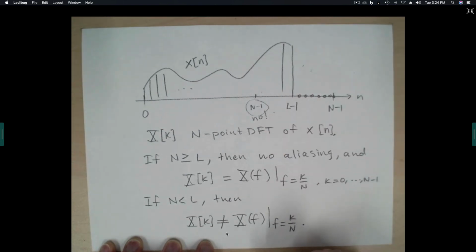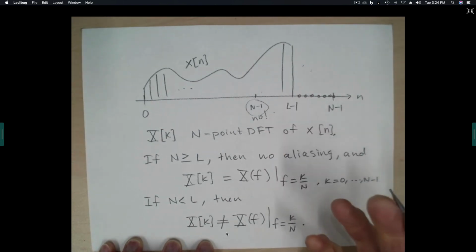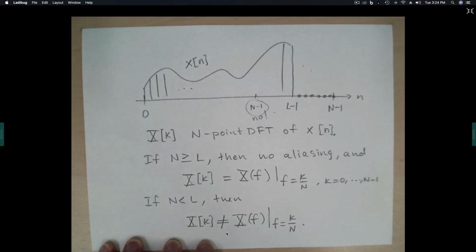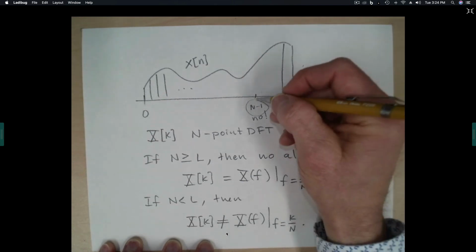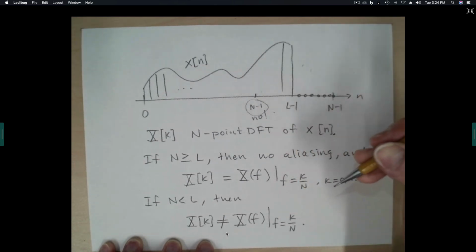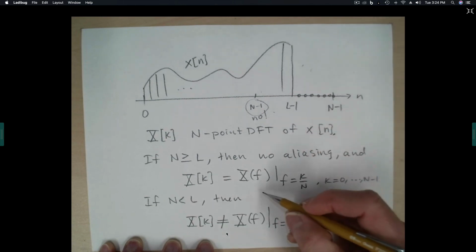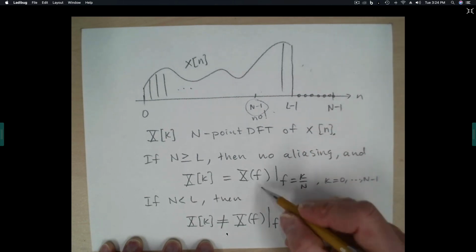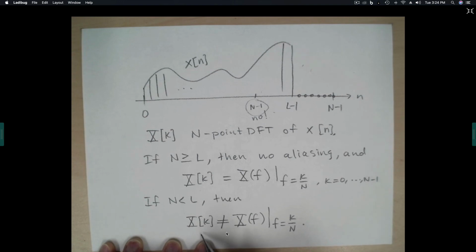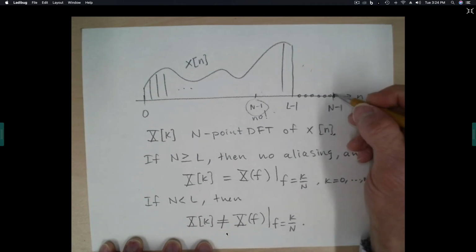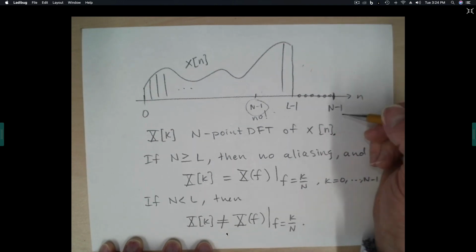Don't do that. If you do, you have to recognize that it changes the shape of the underlying DTFT that we're sampling with our DFT. But if you increase the length by padding with zeros, then there's no problem.